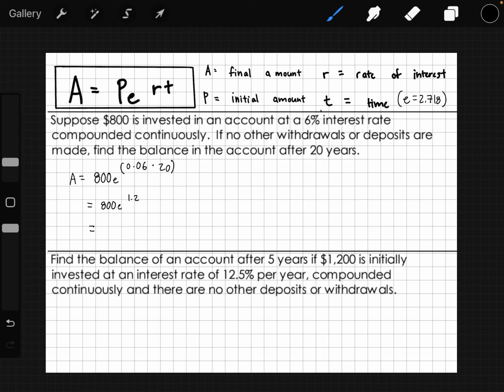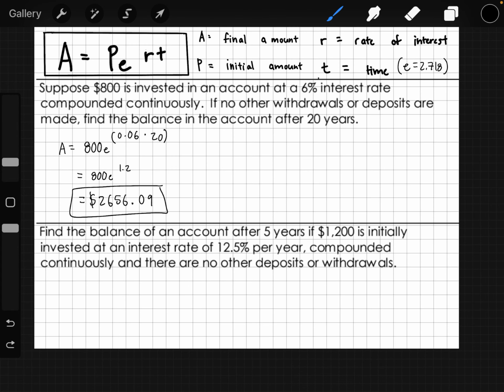So 800e to the power of 1.2 is equal to $2,656.09.